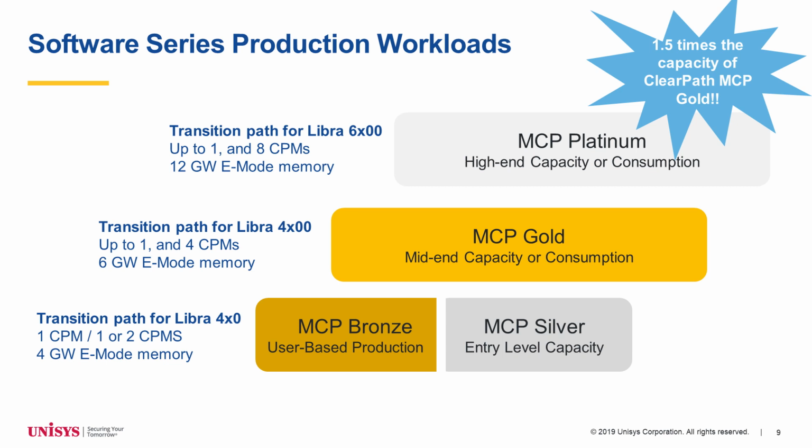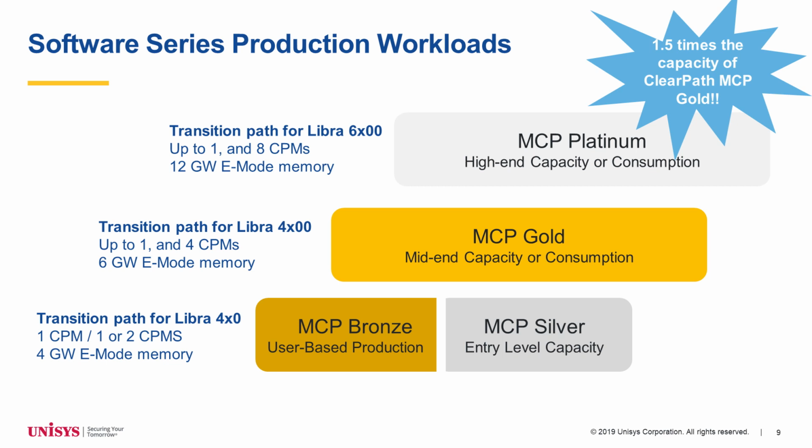So what that means is if you took an instance of Gold and ran it on the server of your choice in your environment, and then you decided to run Platinum on that same exact server, provided there's enough hardware there to do this, meaning cores and processors, then you should be able to get up to 1.5 times the capacity that you get with Gold.